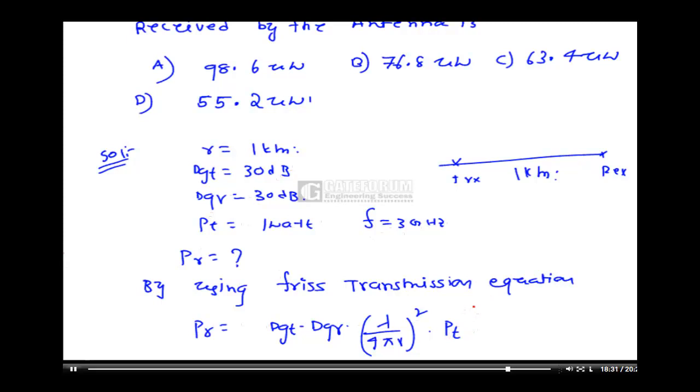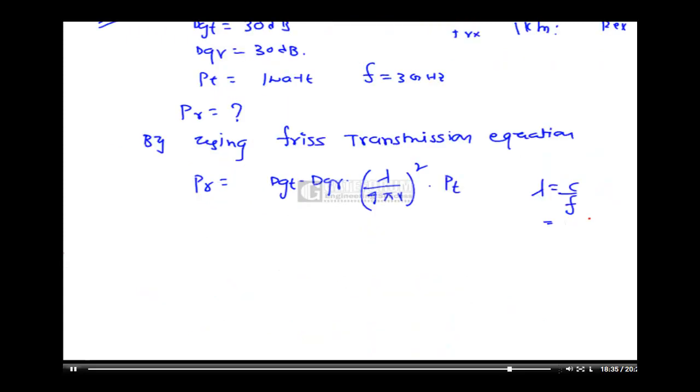Lambda is indirectly given: lambda is equal to C by F, so 3 into 10 power 8 meters per second by 3 into 10 power 9 hertz, so lambda is equal to 0.1 meters.